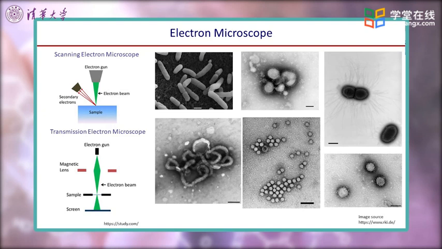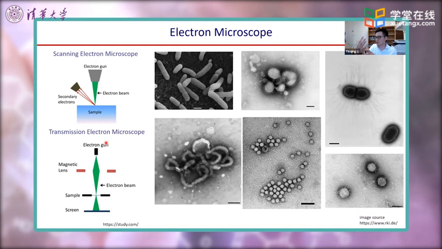Another mode is called the transmission electron microscope. It works in a way that we see things by shining light through them, and they leave the shape of the thing we want to see. Here, electrons go through the biological sample and get detected by a screen at the other side of the sample.